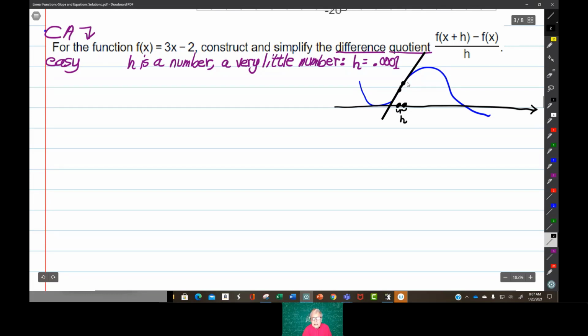Why would I do that? Because it would tell me the rate of change in this very small area. How fast are things changing?